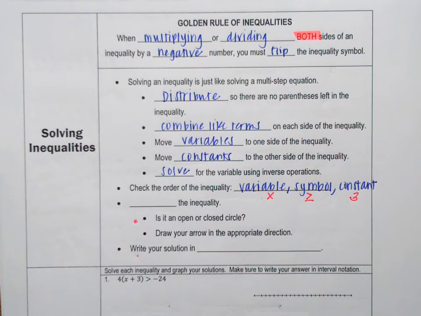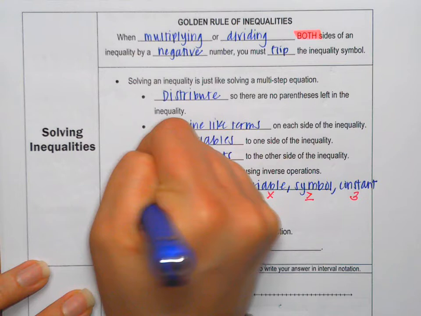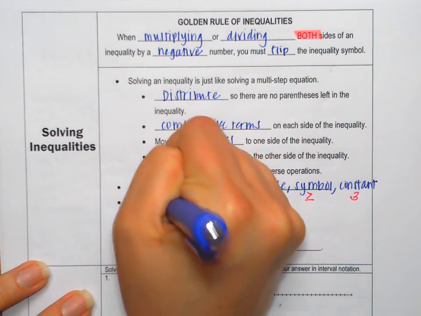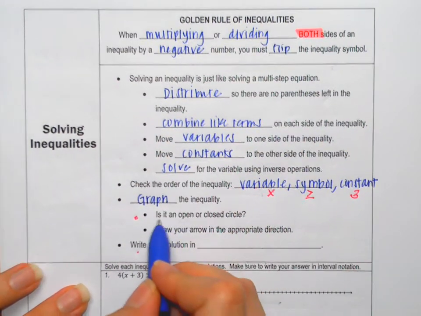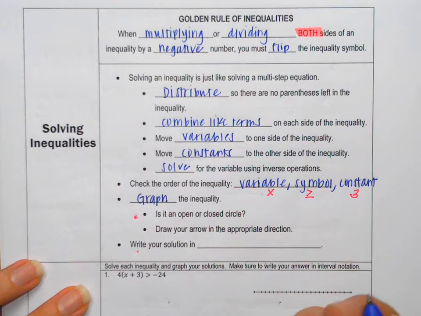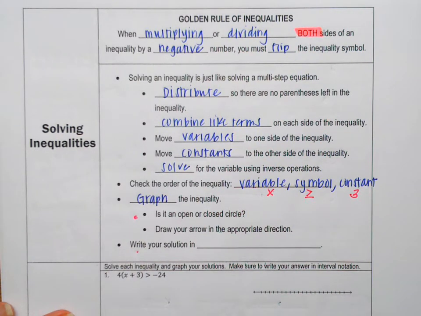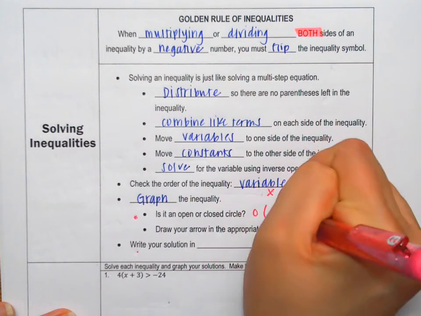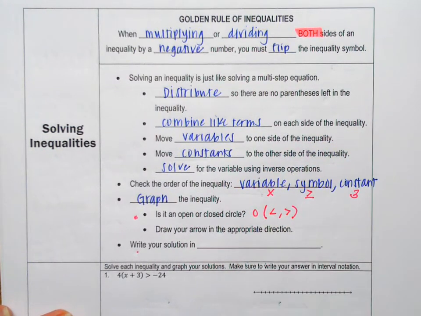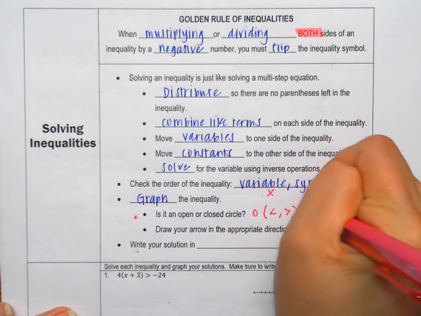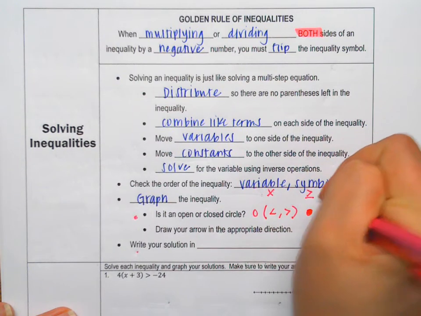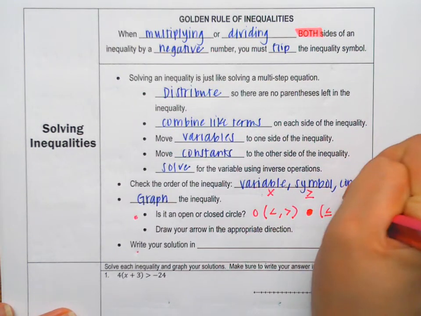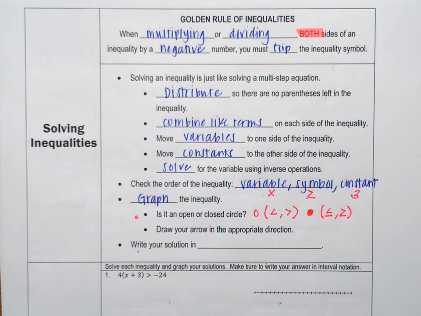So then we graph the inequality, and we ask ourselves, is it an open or closed circle? Remember, an open circle we use when it's less than or greater than. And then a closed circle is for less than or equal to and greater than or equal to.